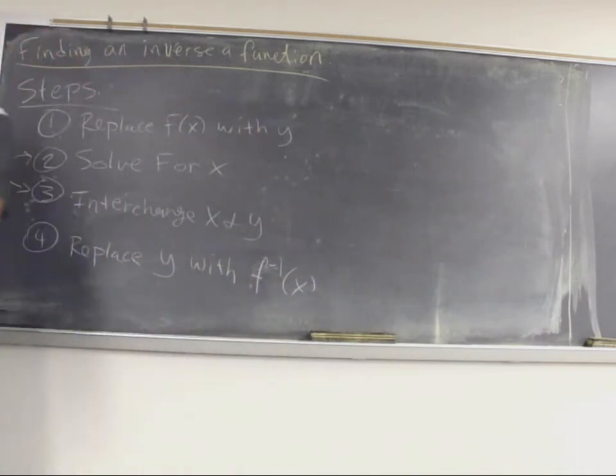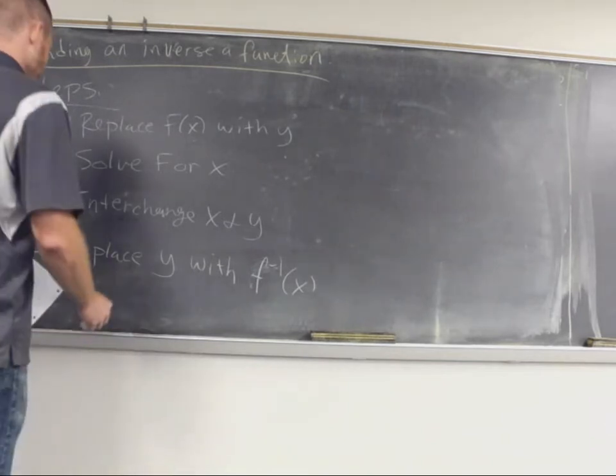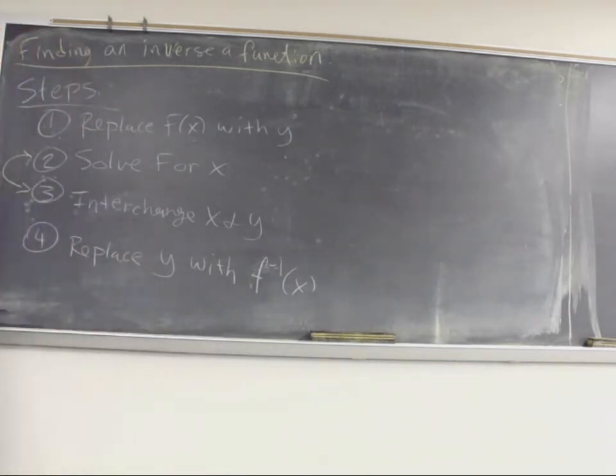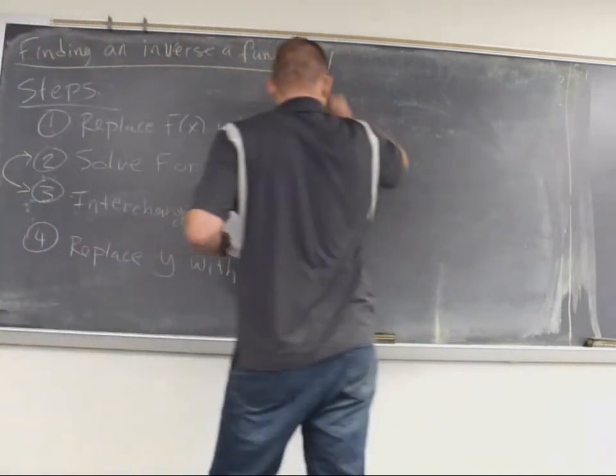So there's just a -1 right there. That's all that's saying: this is the inverse of f, the function that we had up here. All right. So I will try to do as much work as I can without erasing this, but I will probably end up erasing it.